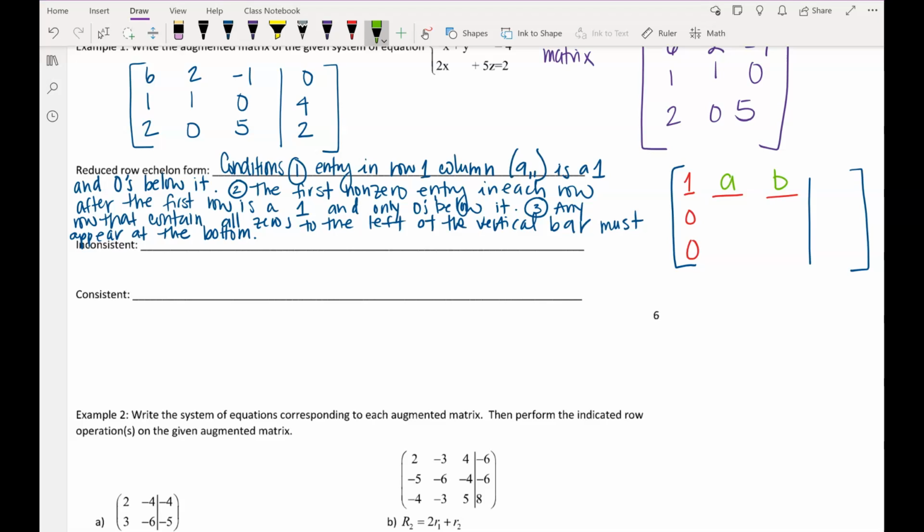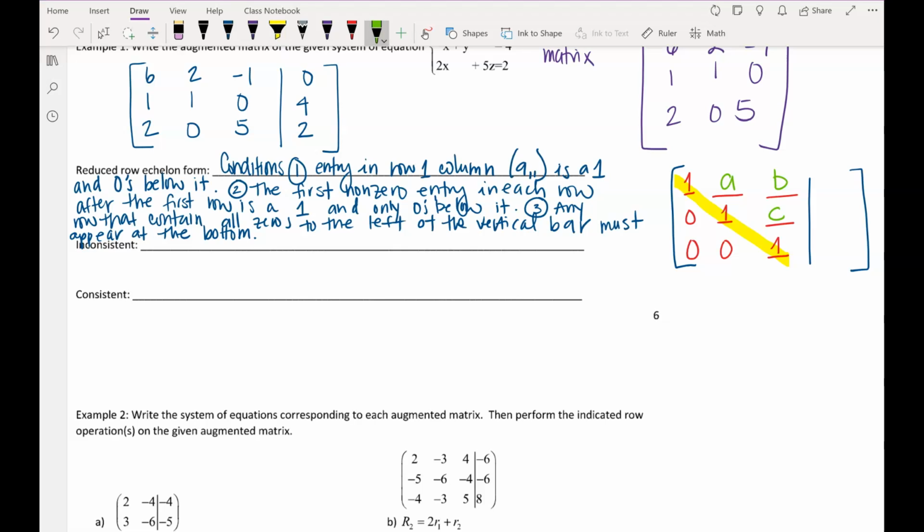Now, condition number 2 says the first non-zero entry in each row after the first row is a 1. So again, here's a 1. And then that spot could be anything you want it to be. It can be 0, it can be 1, it can be non-zero, non-1. Then we have 0 here, and this is now a 1. So look at the diagonal. The diagonal, it's all 1s, okay?